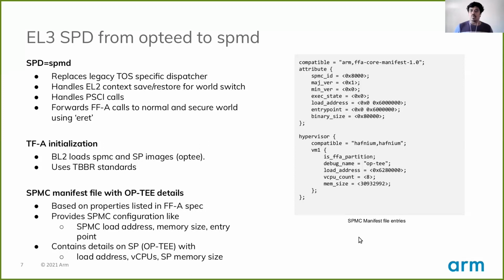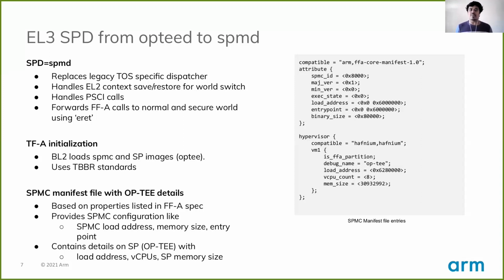You can see the compatibility string, which aligns to the FF-A specification, and it also has the SPMC ID, the major and minor version of the specification it implements, and also the entry point and the load address of the SPMC component.